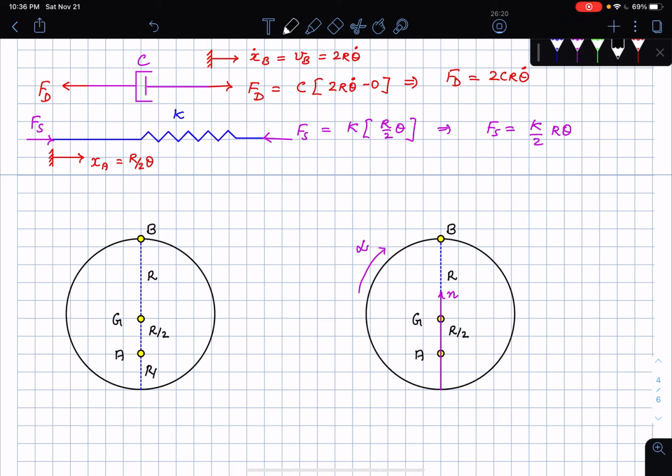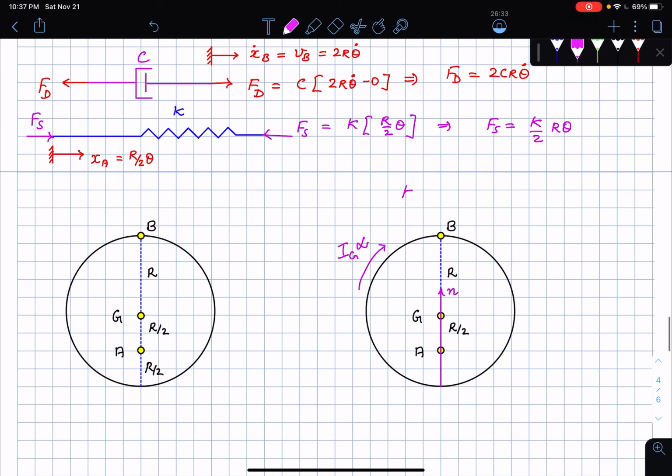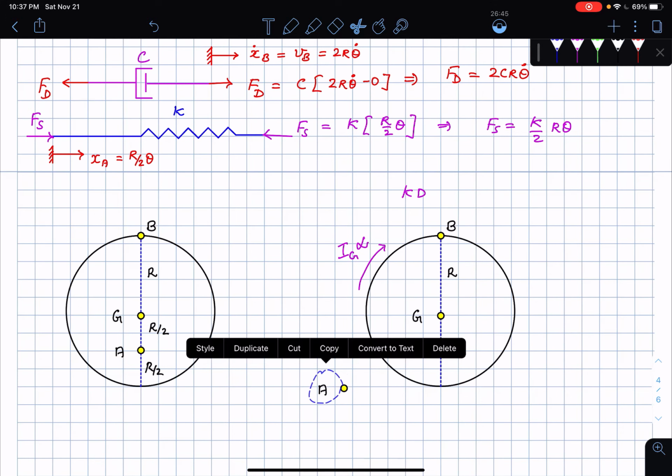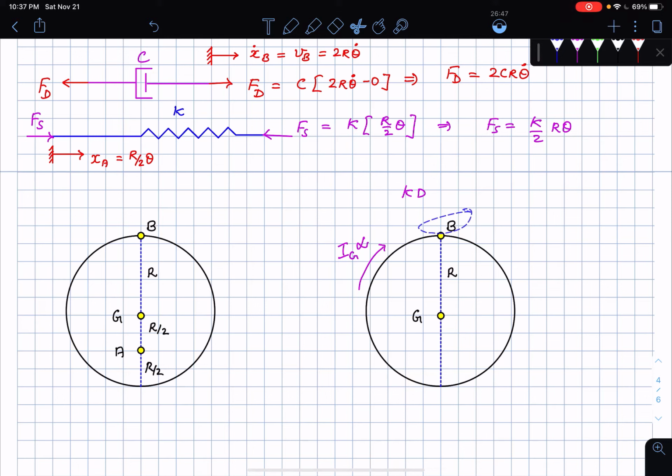Now I have alpha in the direction shown, which means that I have to draw Ig times alpha on the kinetic diagram. So this is the kinetic diagram. Likewise, I can get rid of all of these adornments on the kinetic diagram. I don't need this point because that point is not important for me in the kinetic diagram.